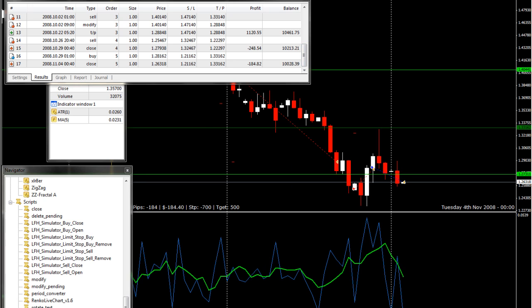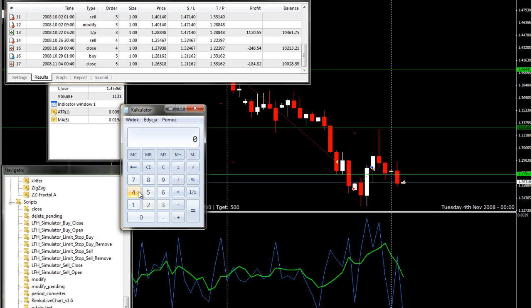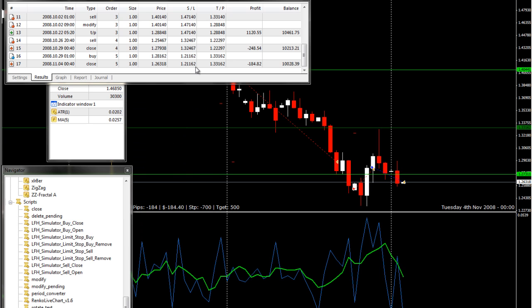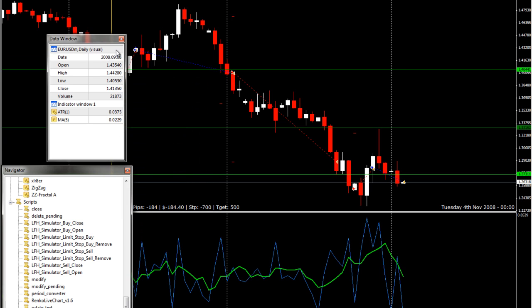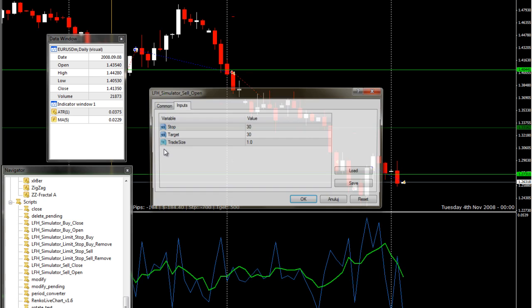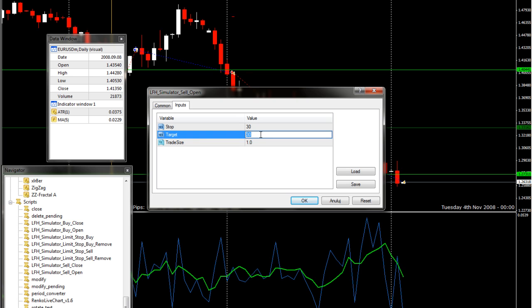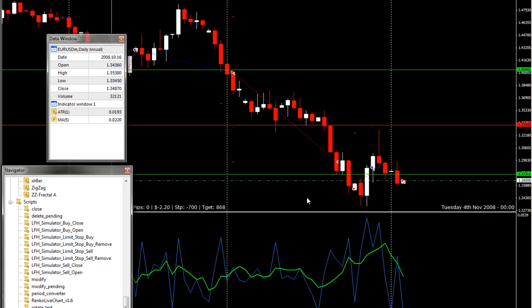Now I need a calculator. 434 times 2 equals 868 pips target is needed now. So let's open a sell. My target is 868, and let's move this away. That's now open.